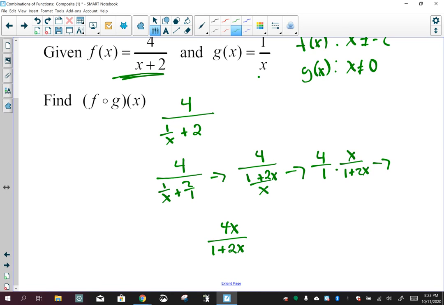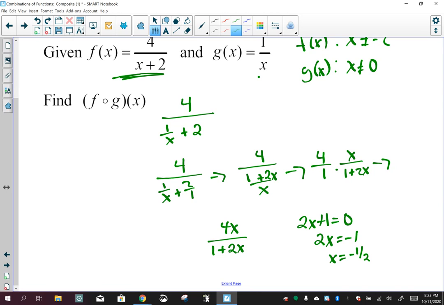In addition to what we already said earlier, if I took this denominator and said 2x plus 1 is equal to 0, then 2x is equal to negative 1, x is equal to negative 1/2.